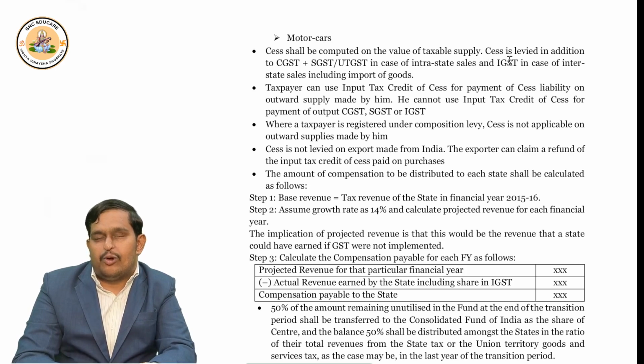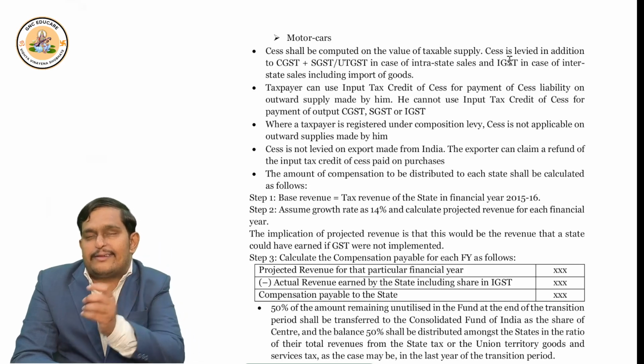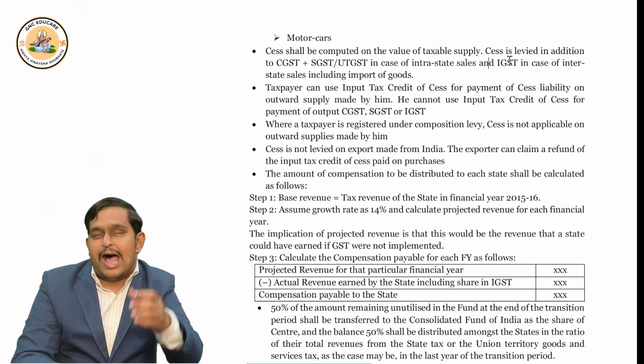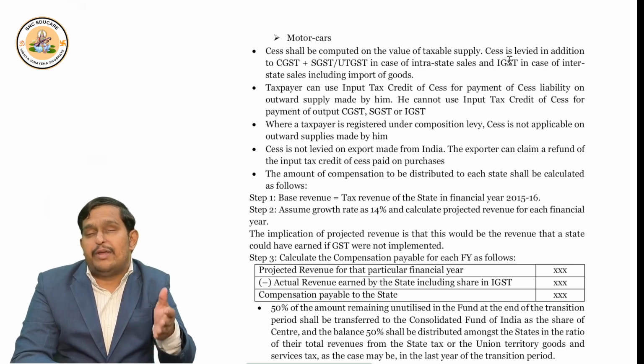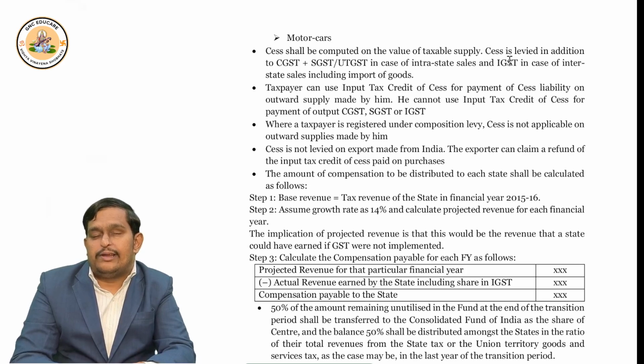Look, ultimately, I said IGST is a tax on interstate supply. From one state to another state, if goods are supplied, then the central government will collect IGST. Half of that IGST will be paid to the destination state. Destination means the buyer's state. So in step 3, we are computing the SGST which the state got plus the IGST portion which the state is going to get. Now compare with step 2.